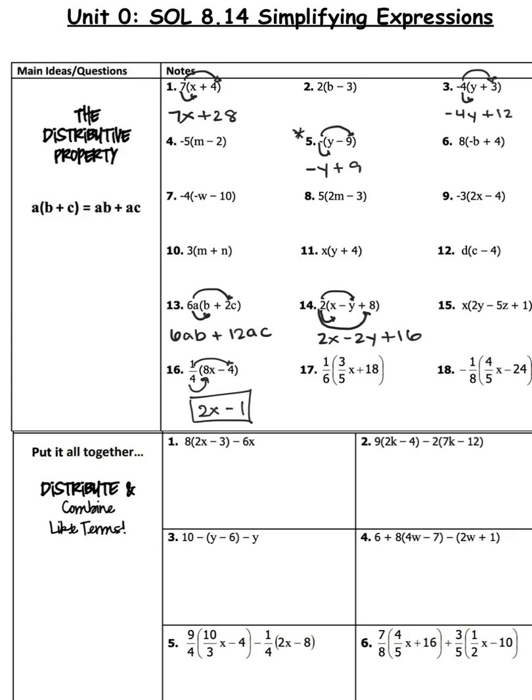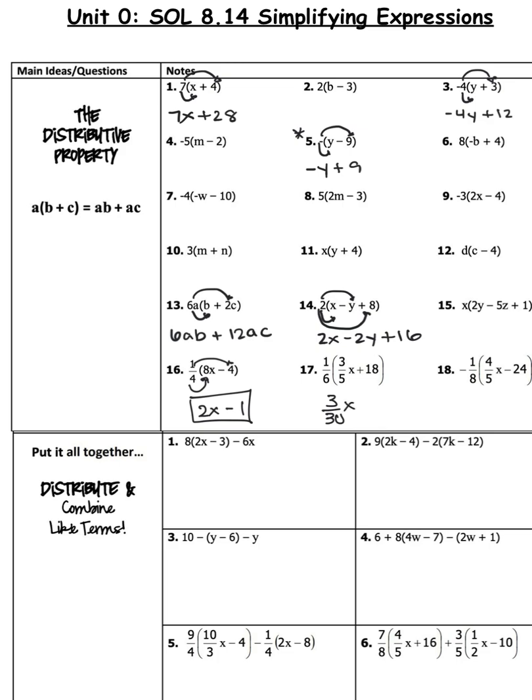Alright, we can also distribute fractions to other fractions. Remember, when we're multiplying fractions, it's numerator times numerator, denominator times denominator. So here with number 17, I have 1 times 3, which gives me 3, and then I have 6 times 5, which gives me 30x.